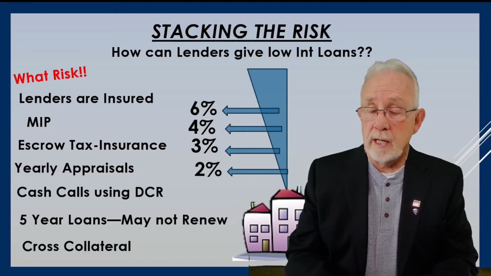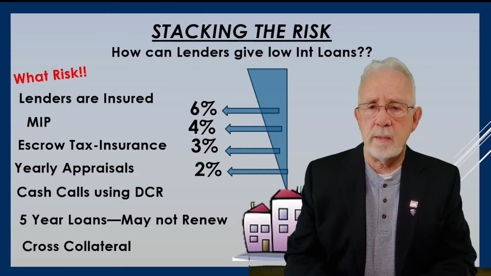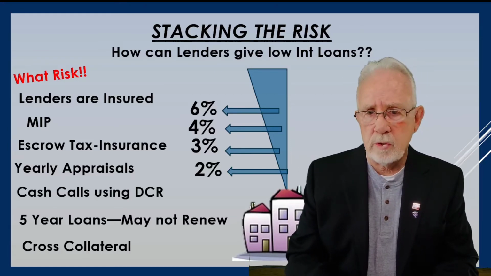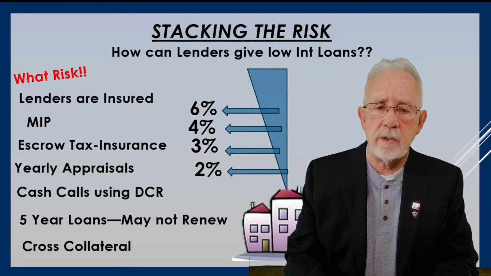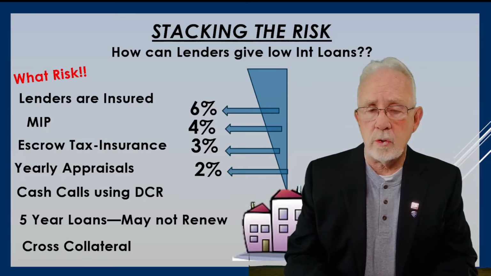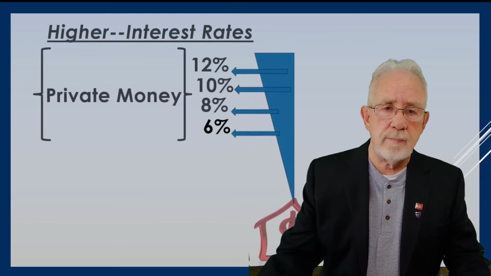And if you're out of balance with what they thought it should be, then they will give a cash call and ask you to come in and reduce your outstanding balance down to where your debt coverage ratio is back into their parameters. And they will cross-collateralize your loan, and you may or may not get a new loan renewed in the next 5 or 7 years.